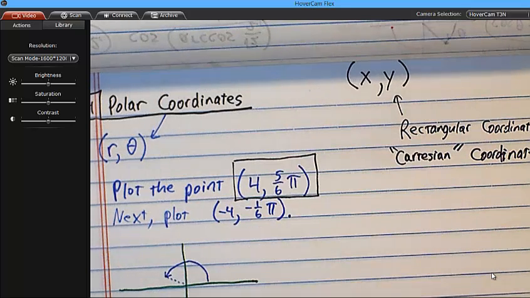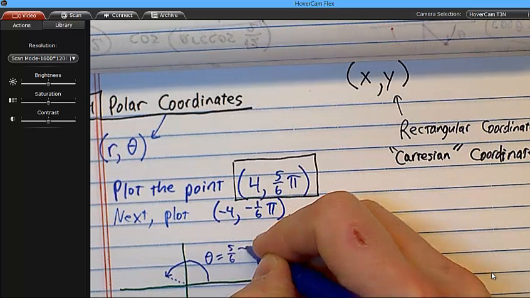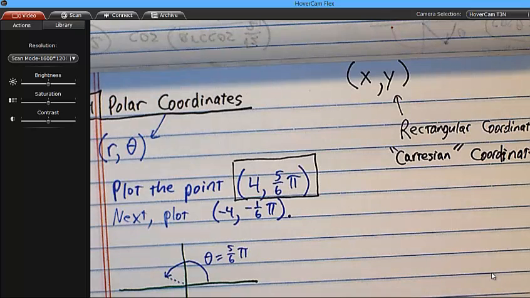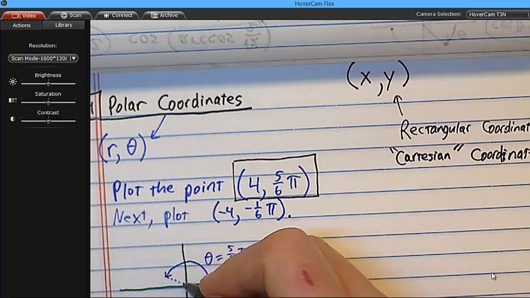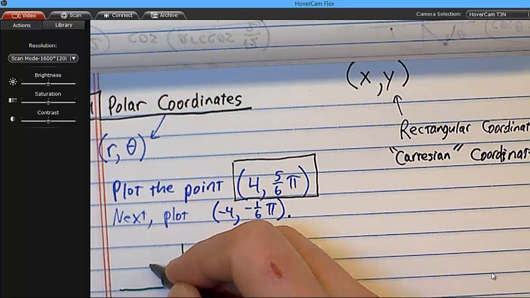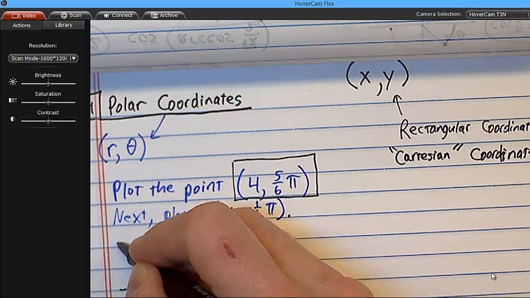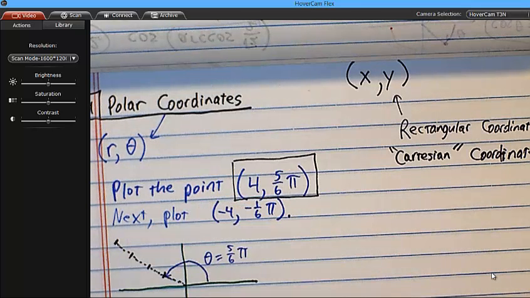So my theta, as I said, is 5/6 pi. And my r, my radius, is 4. So there's 1, 2, 3, 4 times farther than just the unit circle.